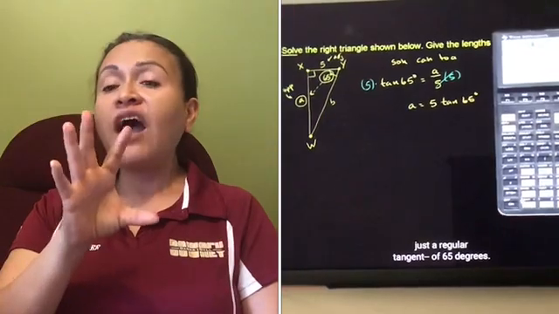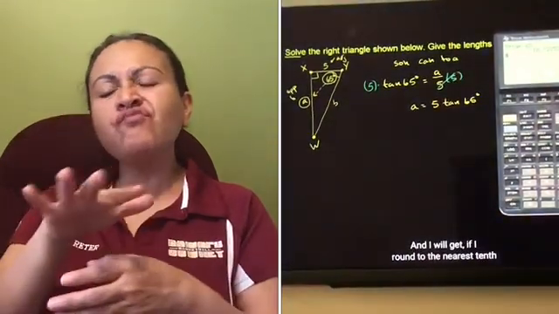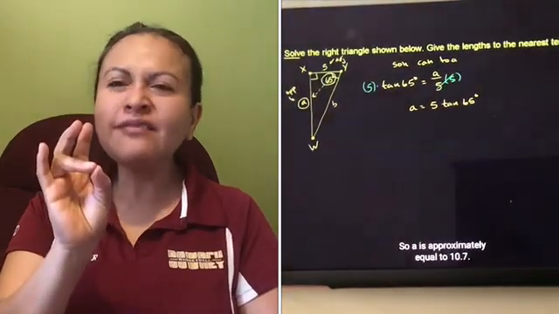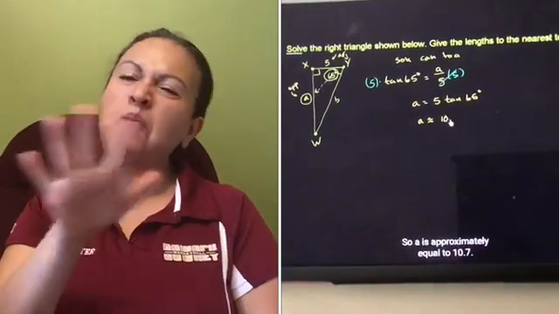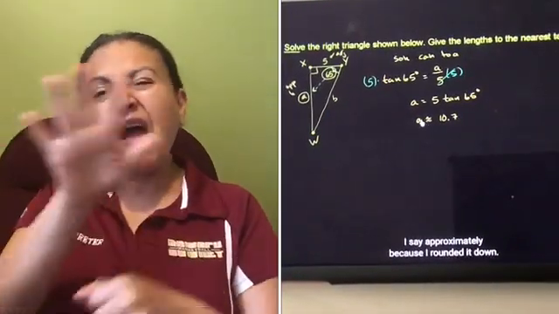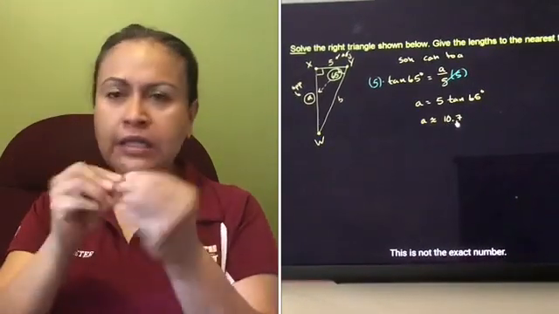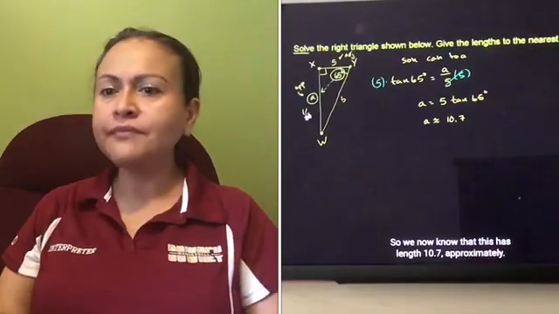And if I round to the nearest tenth, like they asked me to, I get 10.7. So A is approximately equal to 10.7. I say approximately because I rounded it down. This is not the exact number, but we now know that this has length 10.7 approximately.